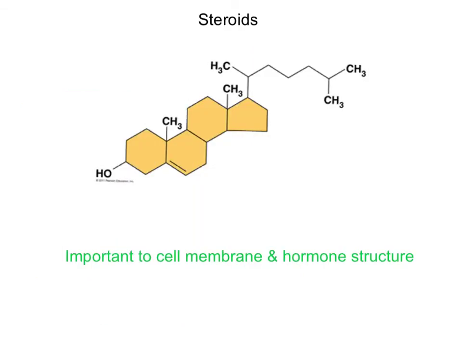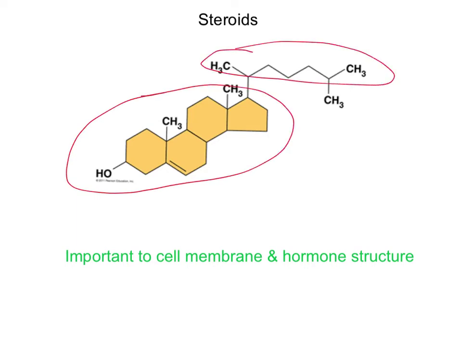So our last lipid example is a steroid. Okay, all of your steroids have the same basic structure. They're going to have this four-ring structure right here, and then the carbon skeleton is what will be different from one to another. What we normally think of when we think of steroids would be anabolic steroids, when athletes take these steroids, because that is synthetic testosterone.